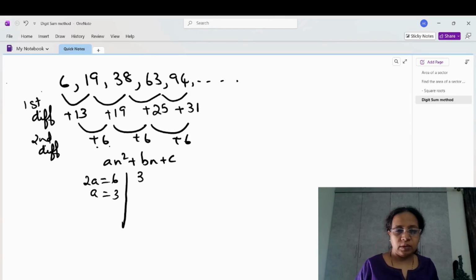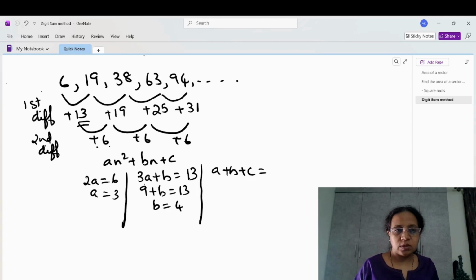To find the value of b, 3a plus b will be equal to the first term of the first difference, that is 13. So you can substitute the value of a here. 3 into 3 is 9 plus b is 13. b is 4. And the value of c: a plus b plus c will give you the first term of our original sequence.